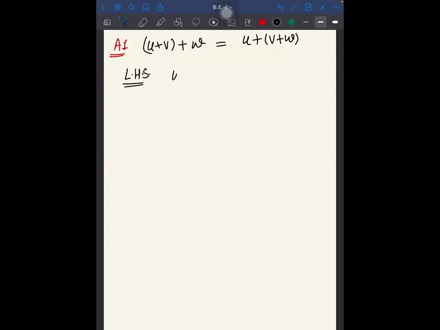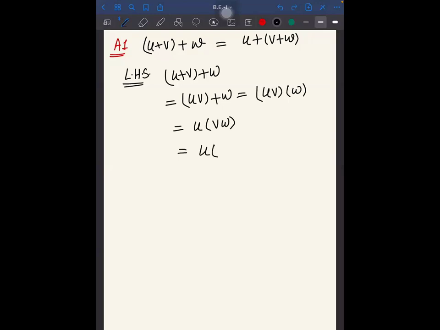Here u plus v is now uv. If you again add w, it becomes uvw. This is the product of numbers, so it doesn't matter, you can take u and then vw. And this is nothing but u plus (v plus w), because the product is the addition here. Is it okay? Fine, fair enough.